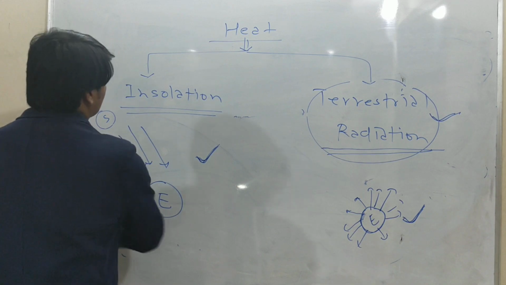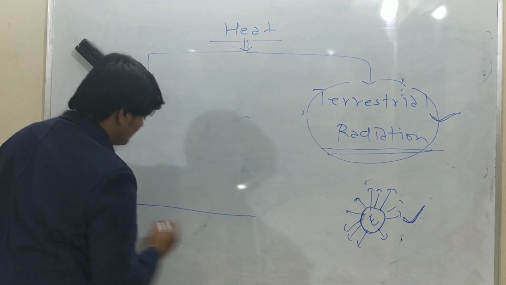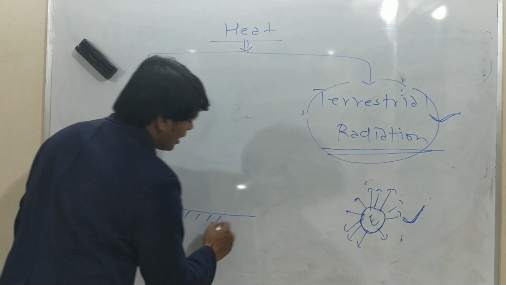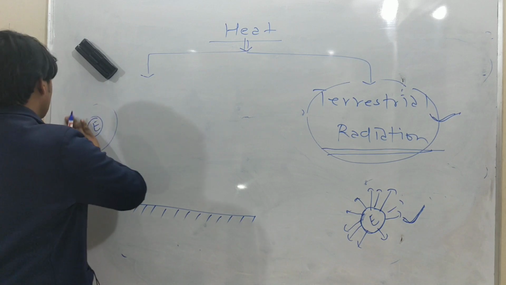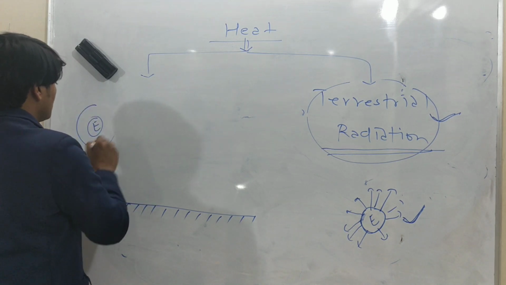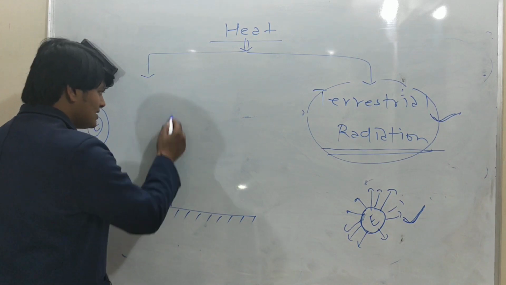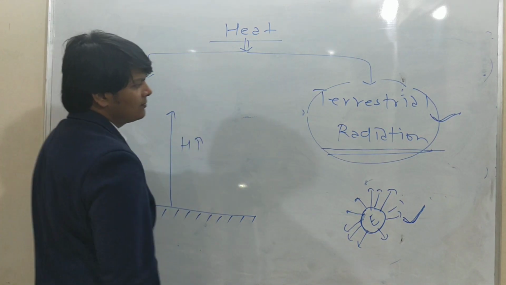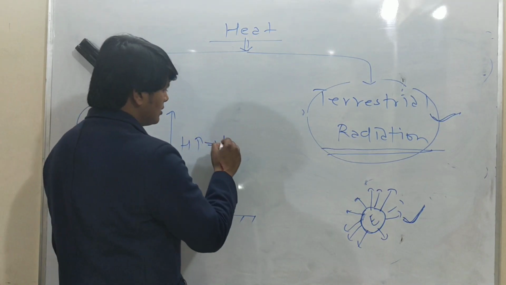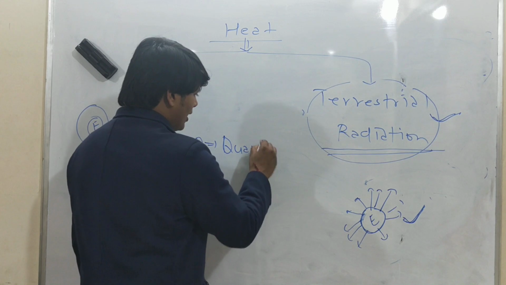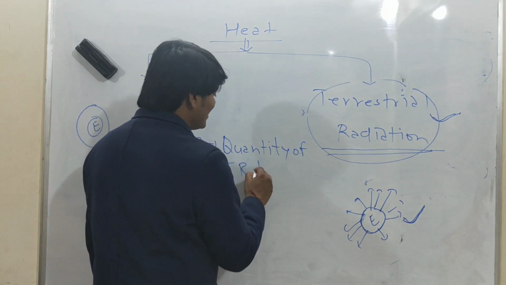Suppose this is the surface of Earth, and the first layer of the gases of the atmosphere is the troposphere. If the height increases, will the quantity of terrestrial radiation decrease or increase?